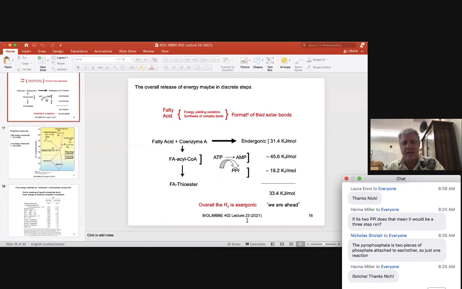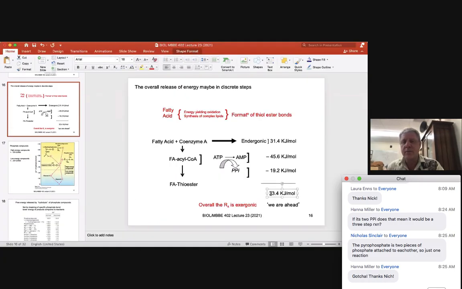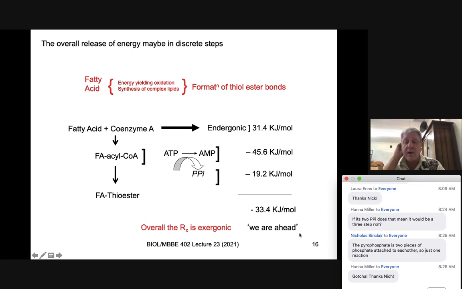Let me put that in there just to make sure that you're fully aware of that. A negative sign, importantly, indicating clearly that we are ahead, that we have an exergonic reaction. So we can see how important this AMP, ATP, ADP, and pyrophosphate or phosphate situation is going to be.